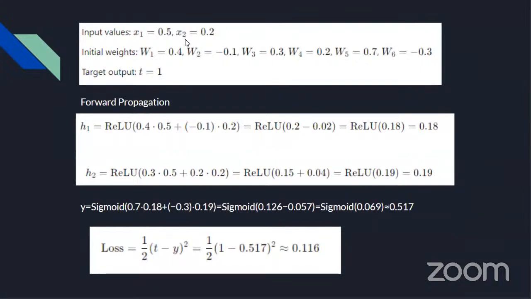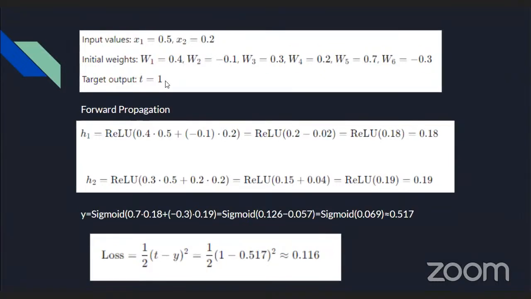So let's consider we had the values of X1 and X2 as 0.5 and 0.2. And the initial weights we have taken: W1, W2 will be the weights for X1, X2 in the input layer. W3, W4 are the hidden layer weights.